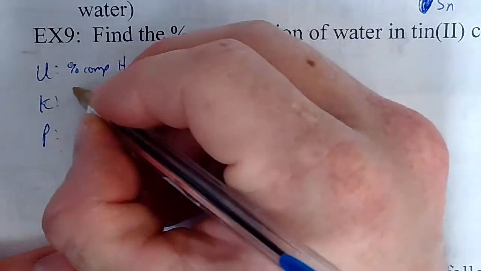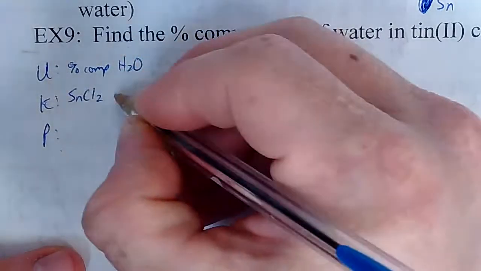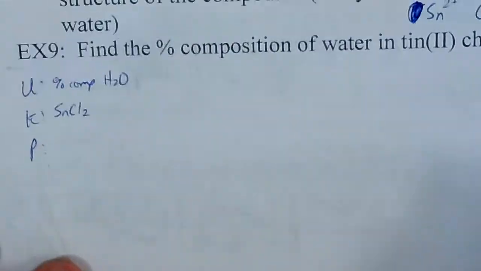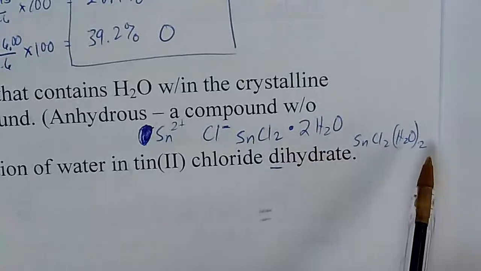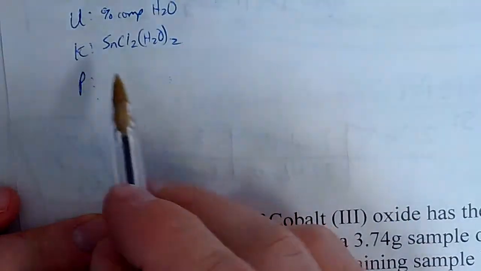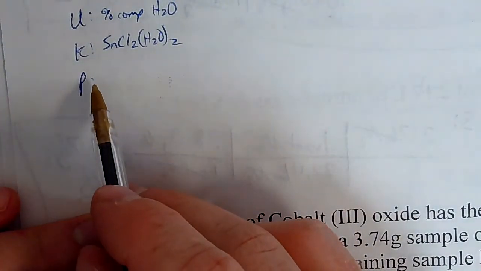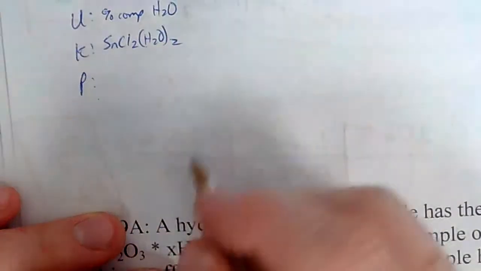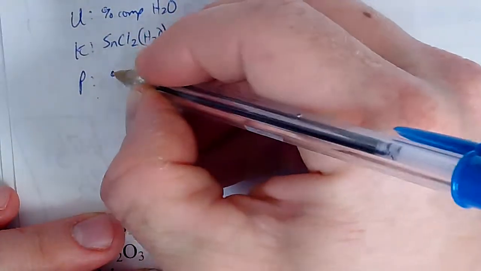We know the formula is SnCl2. Which way do y'all like better? Y'all like the parentheses better? Yeah. Okay, I'll do that then. All right. And then, let's see, plan. Oh, it's the same thing. We're going to do the part over the whole times 100.